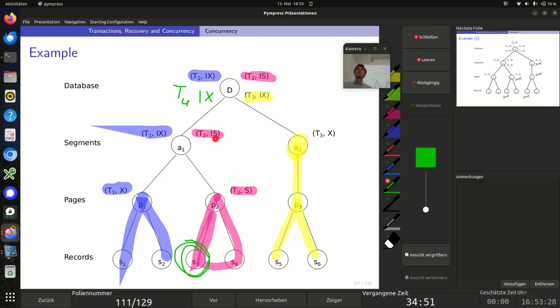Until now it's compatible. Then we go down to the segment. T4 wants intentionally exclusive on this segment, works. But then we remember our compatibility matrix. T4 wants intentionally exclusive here, but actually T2 has a shared lock on the whole page, so the transaction has to abort. That's how multi-granularity locking works.